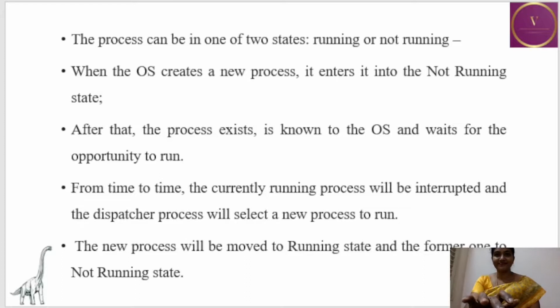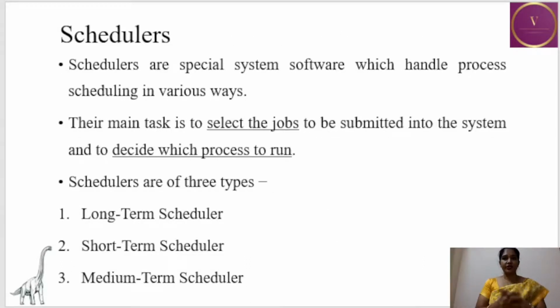All right. Next are the schedulers. Schedulers are special system software which handle process scheduling in various ways. That is, in the lifetime of a process, from process creation till it exits from the CPU, it undergoes different kinds of scheduling queues, and the OS also has to select a process based upon the purpose and what the processes are undergoing.